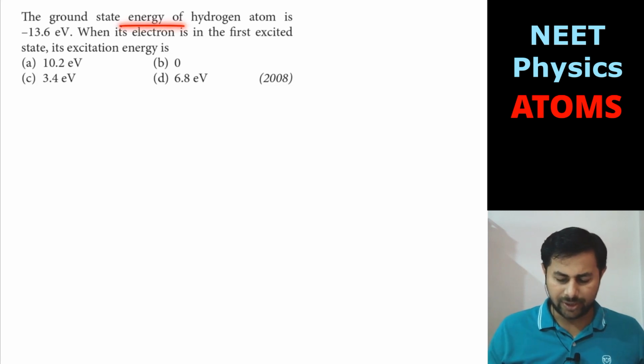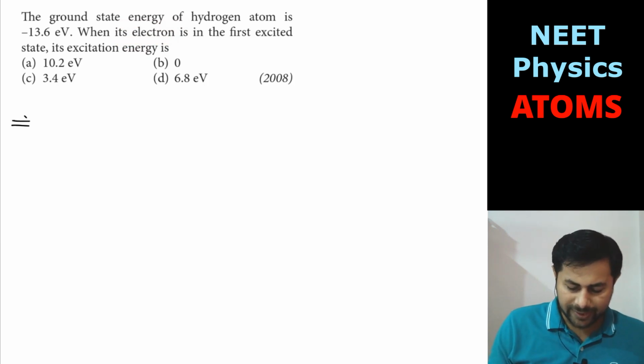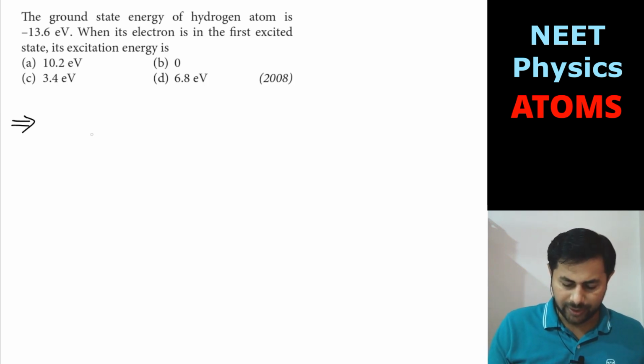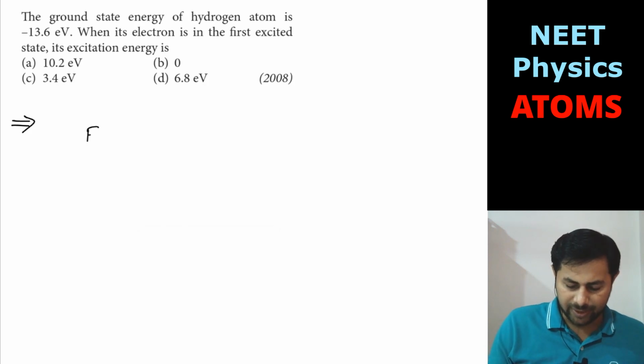Let's see the next one. The ground state energy of hydrogen atom is minus 13.6 electron volts. When its electron is in the first excited state, its excitation energy is... Now what is excitation energy? First of all, find out the energy of that orbit. It is the first excited state, so it's E2.